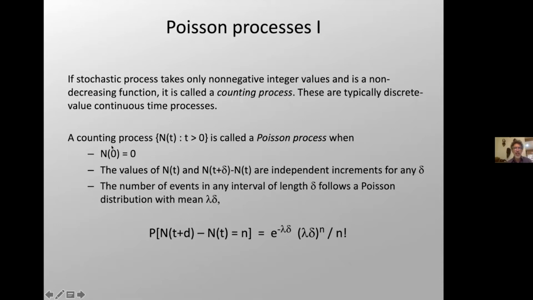And if a counting process has the following properties, it's called a Poisson process. When the values at adjacent times are independent of each other, for any sort of spacing, even close by, they're independent, okay?